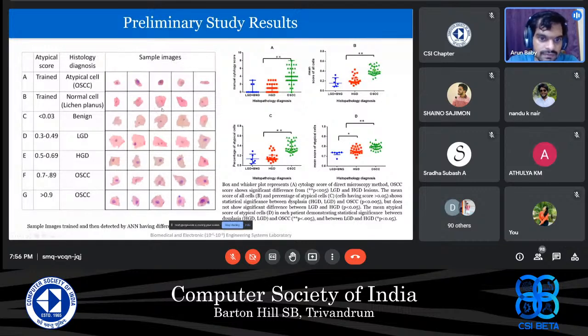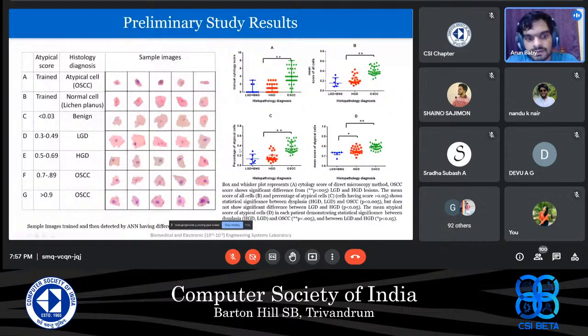Normal patients will have squamous cells with a larger cytoplasm. As you can see, this is the output of the neural network, and as the atypical score increases, the cells have a larger nuclear cytoplasmic ratio, so that they are atypical. The neural network was really good at predicting these types of cells.